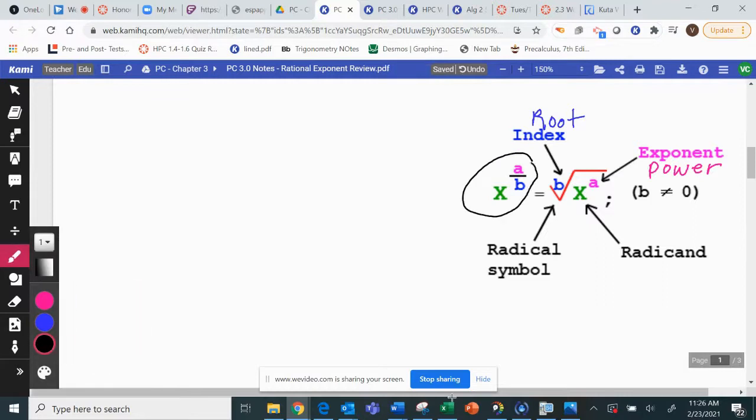And then this is a rational exponent. That is equivalent to this radical, the b root of a, or x to the a power. This is a rational exponent on x, on the base of x.